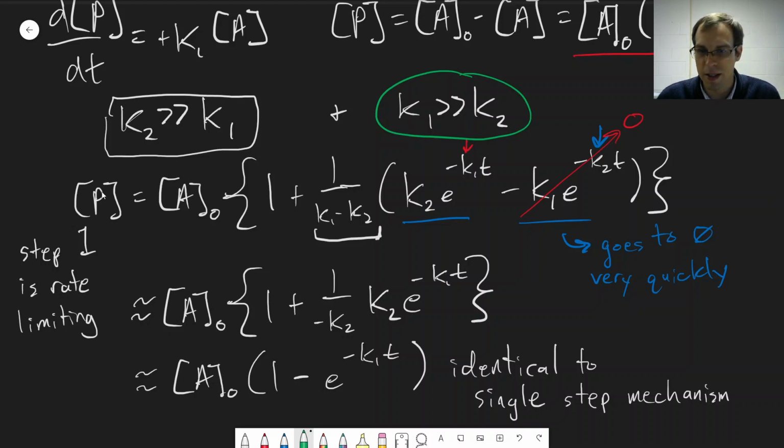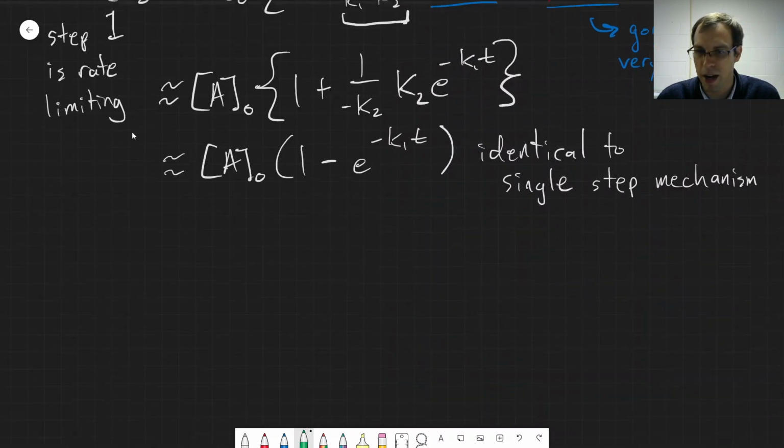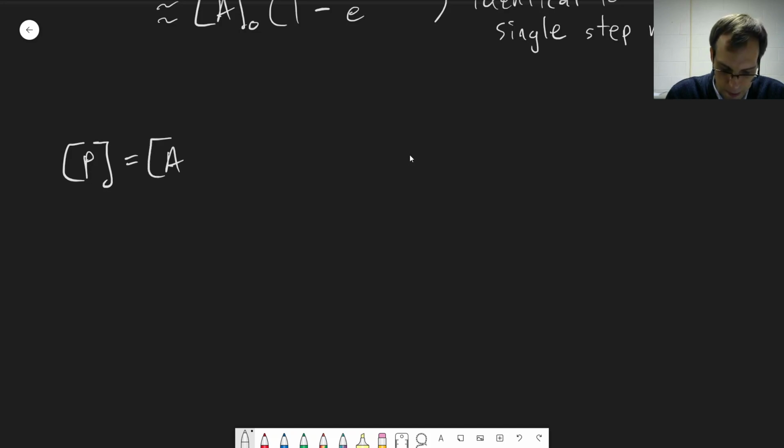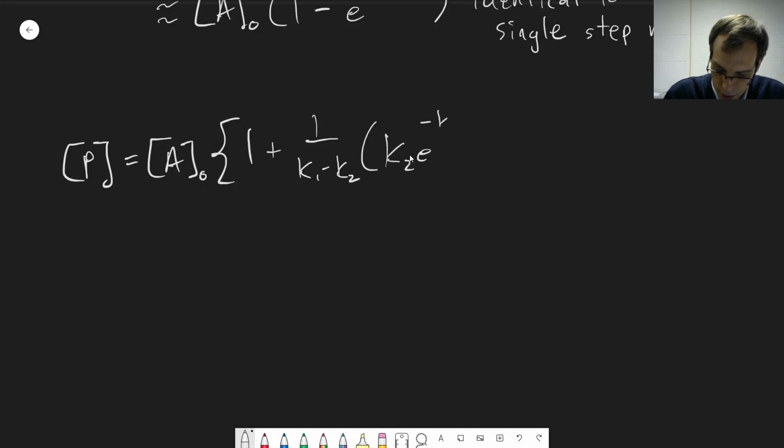So we can go back to this equation and I'm going to rewrite it so I have space. Again, our product will be equal to A naught times 1 plus 1 over K1 minus K2 times K2 e to the minus K1t minus K1 e to the minus K2t.